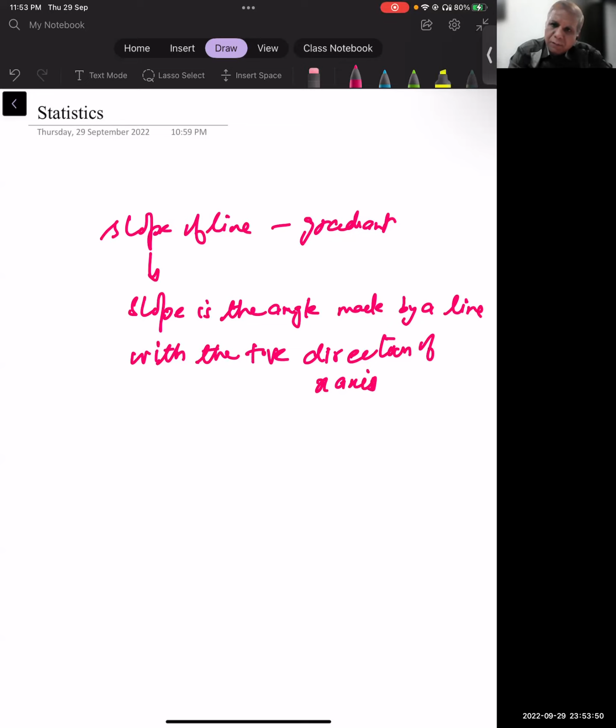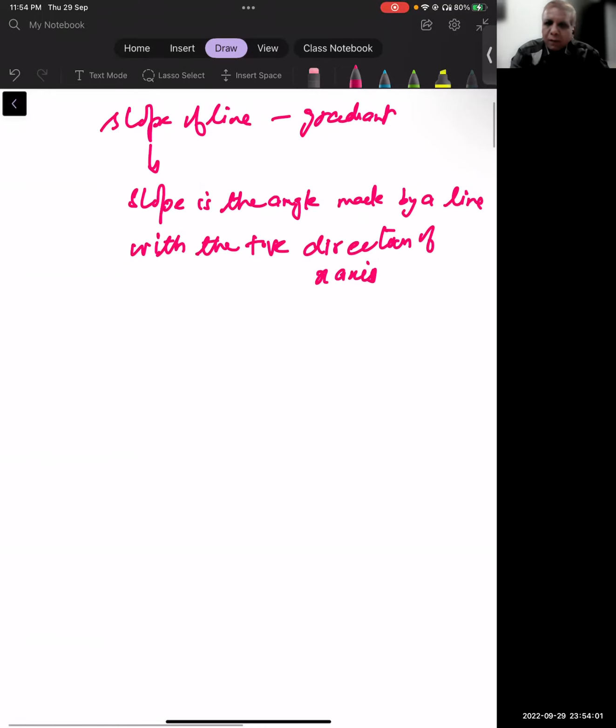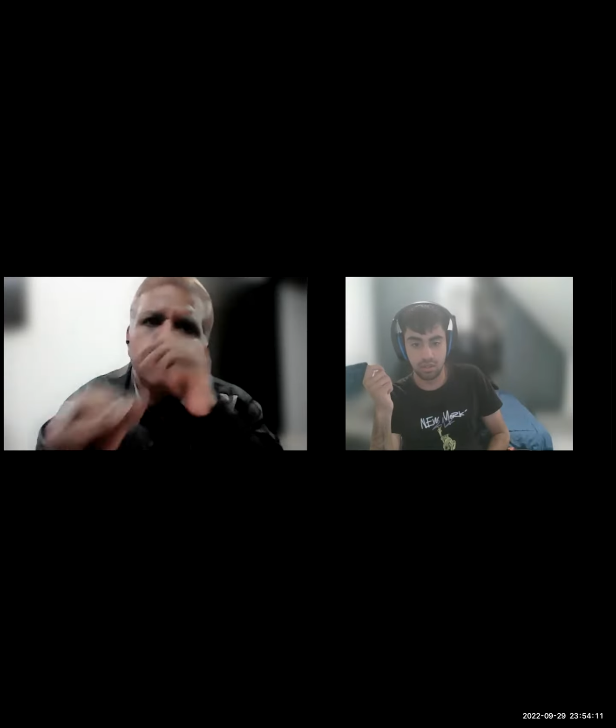Towards the right or towards the left? Positive direction would be... Have you ever used the protractor in your life? Yes, I have.